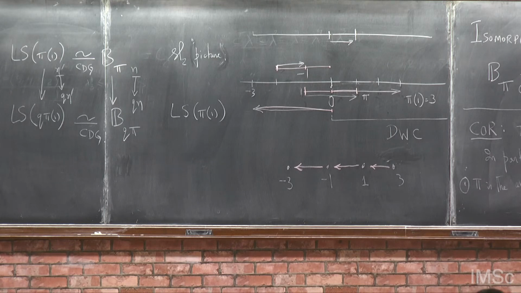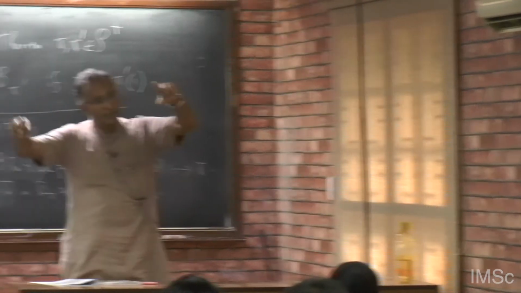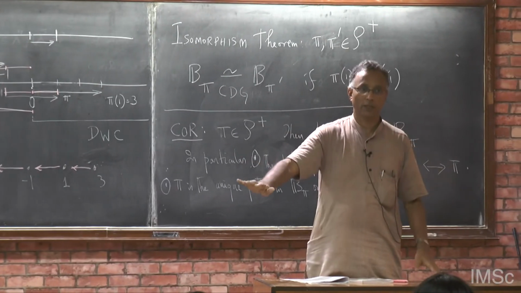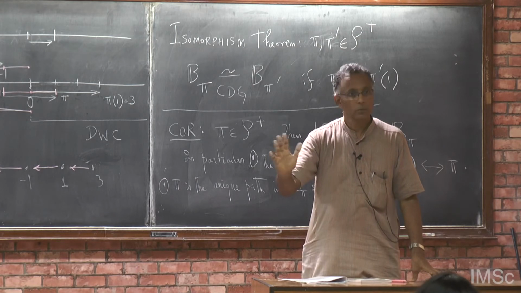If I act with f alpha on it, the endpoint reduces by alpha. If the original endpoints are the same, and I get this by applying alpha 1 once and alpha 2 twice, I have decreased it by alpha 1 plus 2 alpha 2, so the endpoint here will also be pi minus alpha 1 minus 2 alpha 2. Is that clear? Okay.